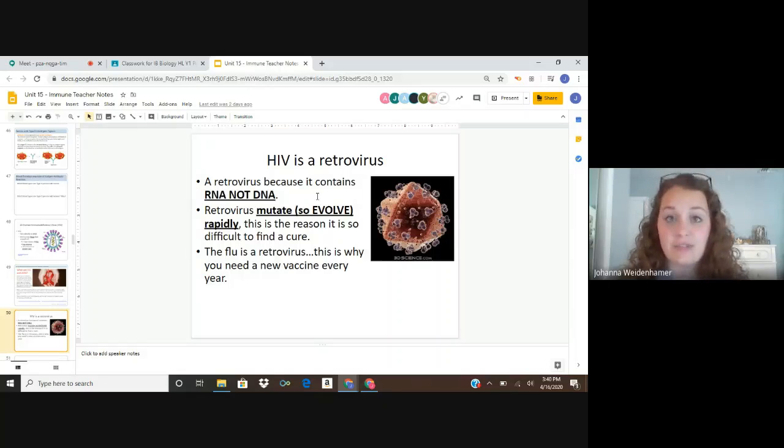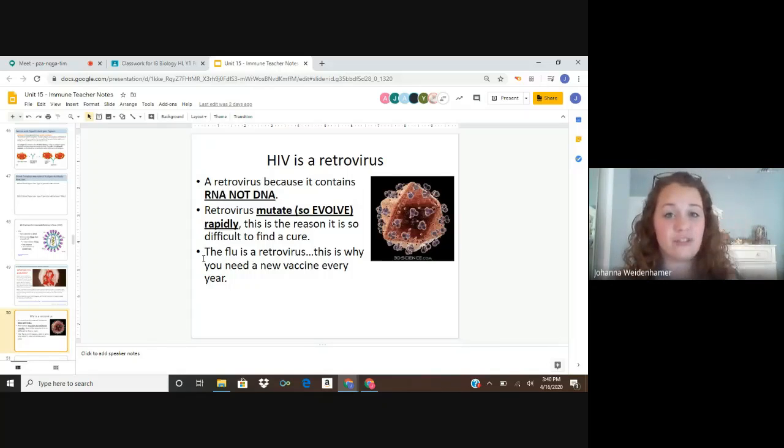And it is a retrovirus because it contains RNA, not DNA. And retroviruses in general mutate a lot. They evolve over time, and they do this really rapidly. And this is the reason why it is so difficult to find a cure because of this evolution. It's rapidly changing as it's evolving and replicating.